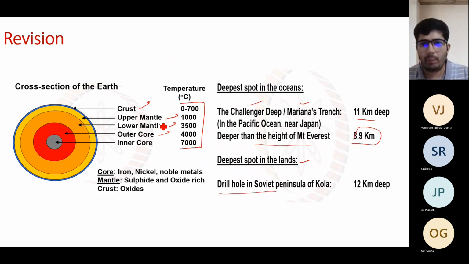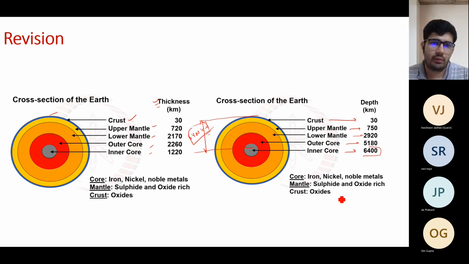Okay, welcome. The deepest spot on land is a drill hole in the Kola Peninsula of the Soviet Union. It is 12 kilometers deep. Now compare this 12 kilometers to the thickness of the earth.